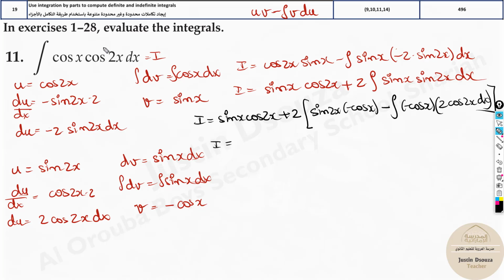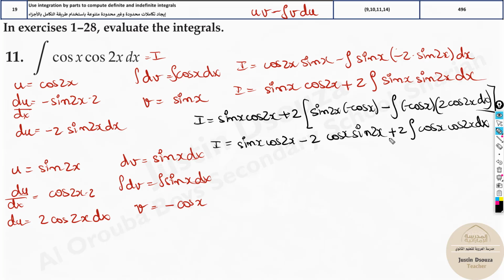I is equal to, now this given question is I is equal to sine x cos 2x plus, here now it's not going to be plus. Why? Because this minus is multiplied. I just multiplied outside now itself. It's going to be minus over here, minus 2, I'll write cos x first, sine 2x, and over here, minus and minus will become plus, and 2 I'll remove it outside, integral cos x cos 2x dx.